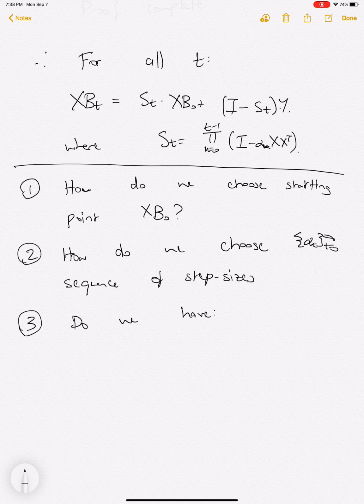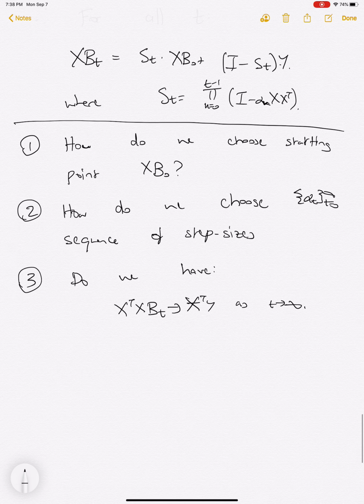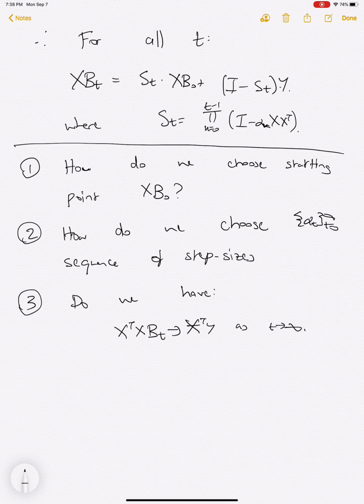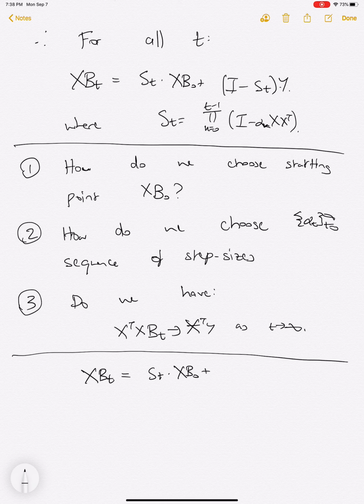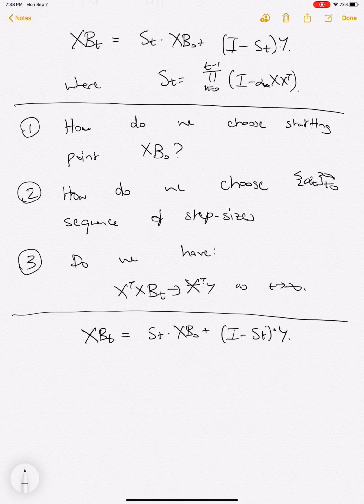And the final thing is, do we have convergence? Okay, and so recall that what we have now is an explicit expression for this x_t in terms of x_0, which is a starting point, and y.